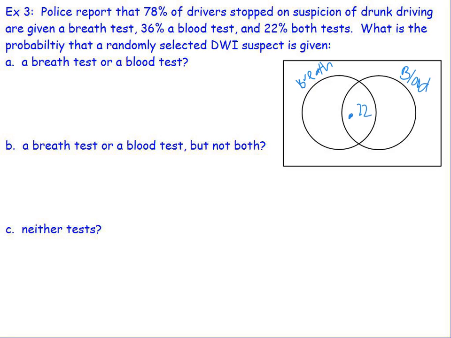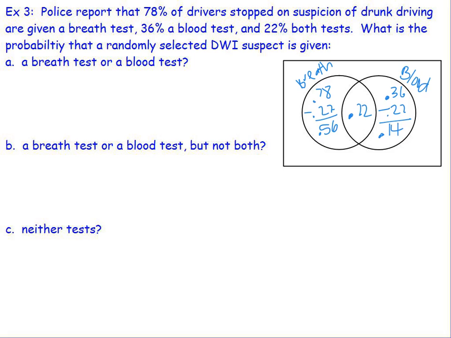Breath was 78. Take away 22, which is 56. And blood was 36. Take away 22, which is 14.